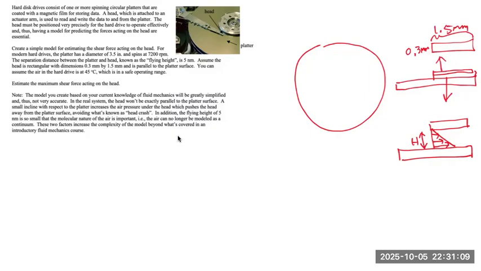That is the question we have to ask ourselves. We see that the platter is the one that is spinning, so it's the one that will have the highest velocity. From Couette flow, it has the highest velocity at the spinning circular plate. And the velocity is 0 at the head because the head is not spinning at all.